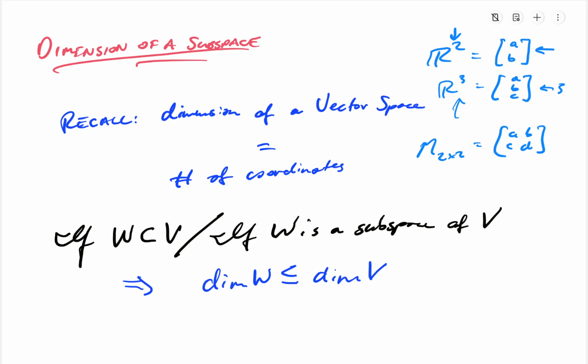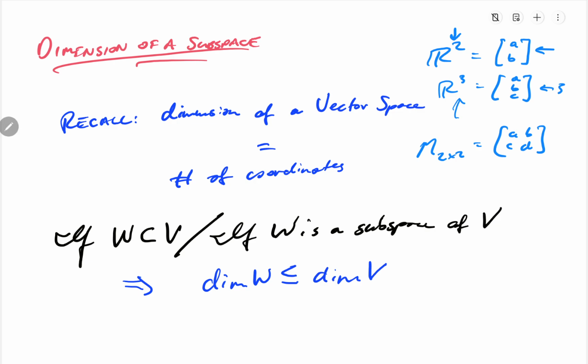Remember that we just did a plane through the origin is still a subspace of R3. The dimension of that is 2, because you need two vectors to make it, and R3 has 3 dimensions, so this holds true.